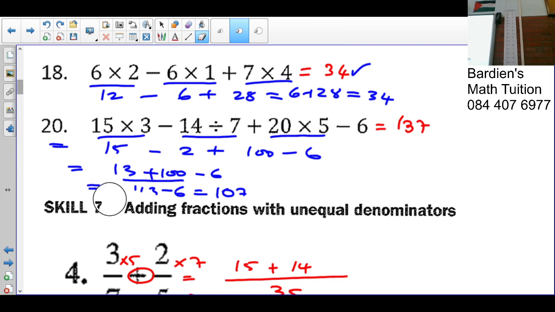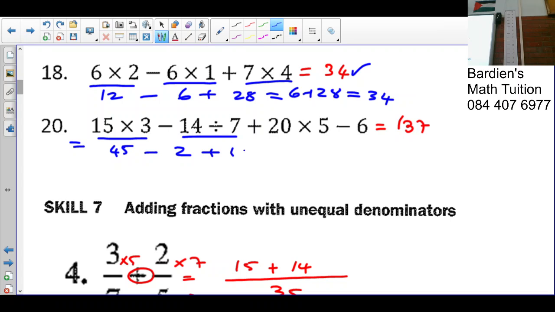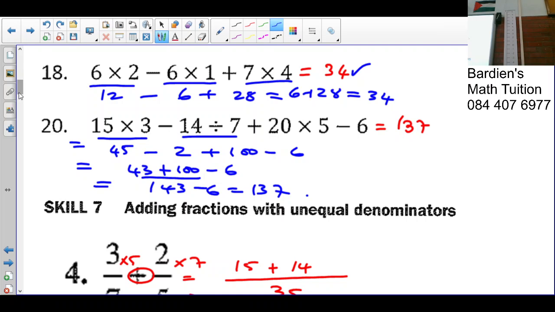Let's check again. 15 times 3 is? 45. What did I write? Oh, that's my mistake. 45, that's going to give us 200 minus 6. 45 minus 2 is 43. Plus 100 minus 6. And 143 minus 6 is 137. Let's make that correct.